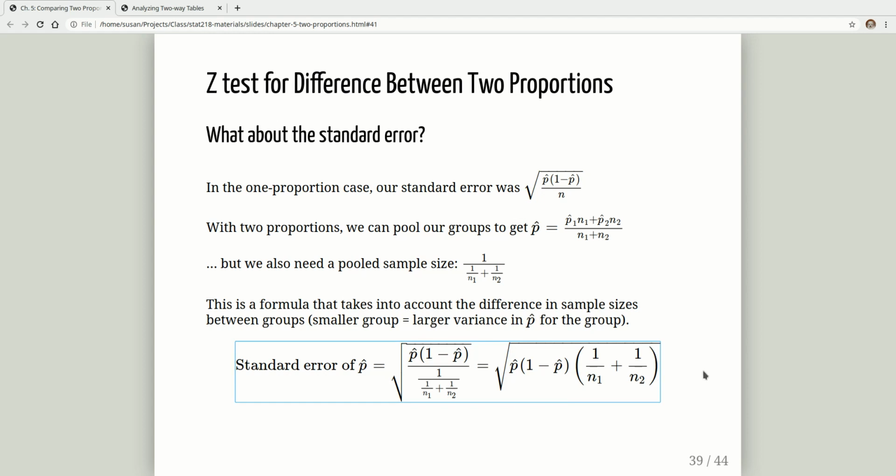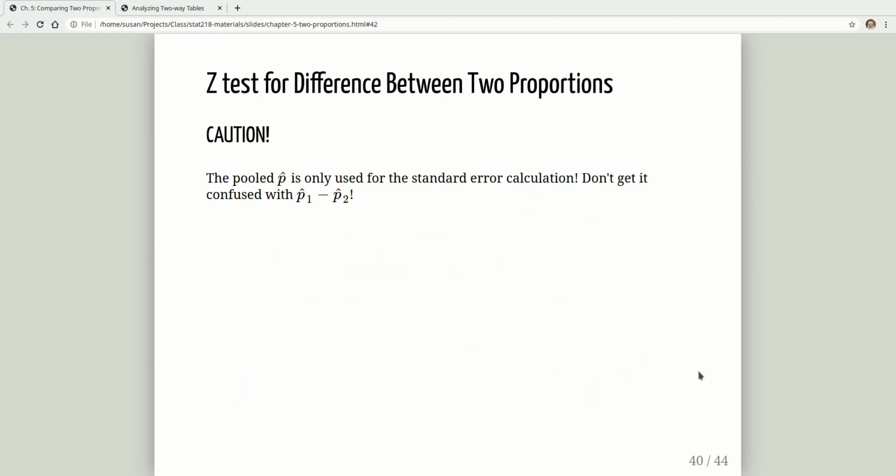And that is the formula for the standard error of p hat. Now remember, this only holds when we're assuming that the null hypothesis is true. And the p hat is only used for that standard error calculation, so don't get it confused with p hat 1 minus p hat 2. Okay.